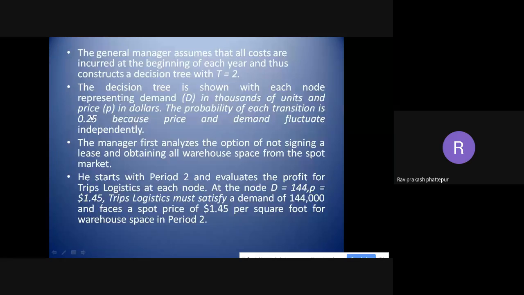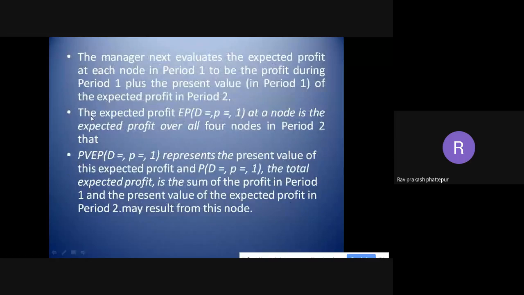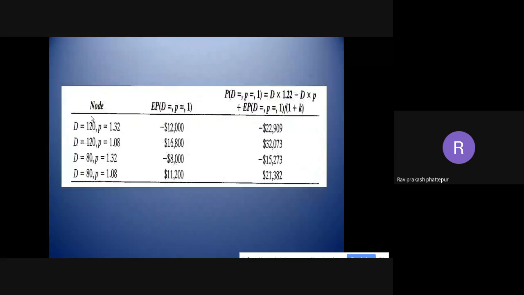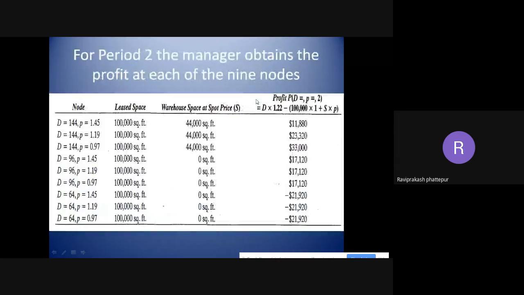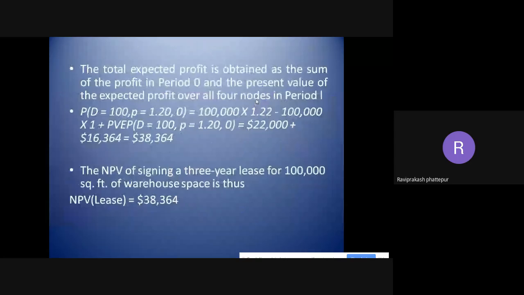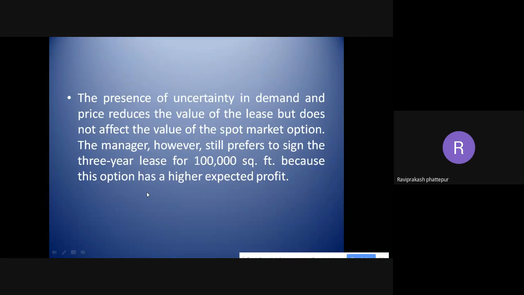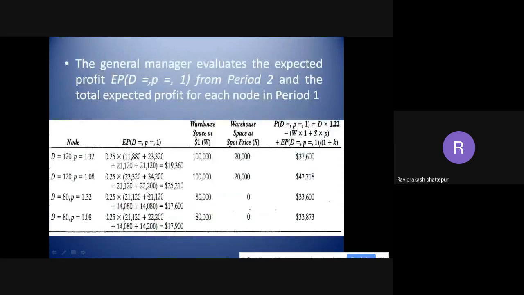By doing all these calculations, we are getting this for node 1, sorry, for node 2 we are getting this, then node 1, then similarly for all other periods, period 2, period 1. So for lease we are getting so much. So we'll directly go to the last one.